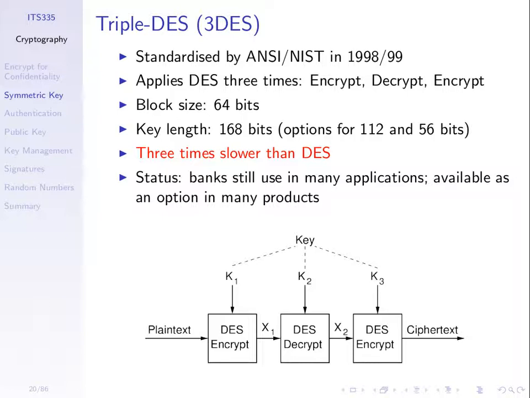Now the attacker must guess a key which is made up of 3 parts, K1, K2, K3. It's no longer 64 bits, it's 3 times 64 bits long. So that's the idea of triple DES.